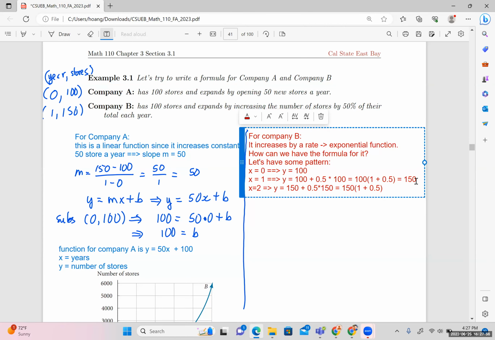I'm thinking about this, and I'm trying to get the connection between x equal to 1 and x equal to 2. So let me see. I will make this 150 here become hundreds times 1.05. So let's change that.